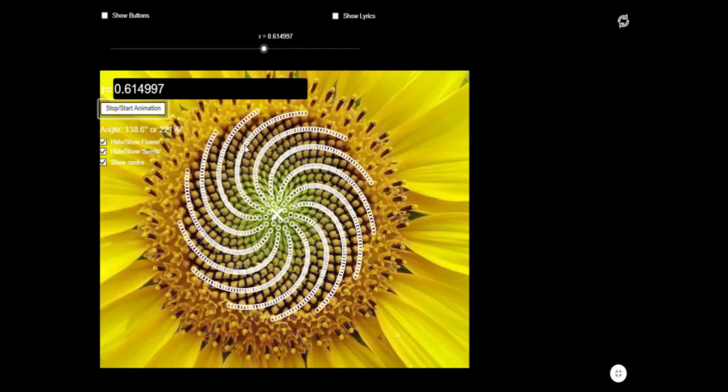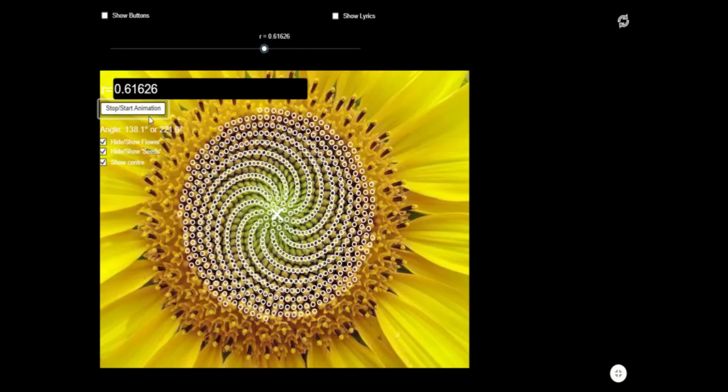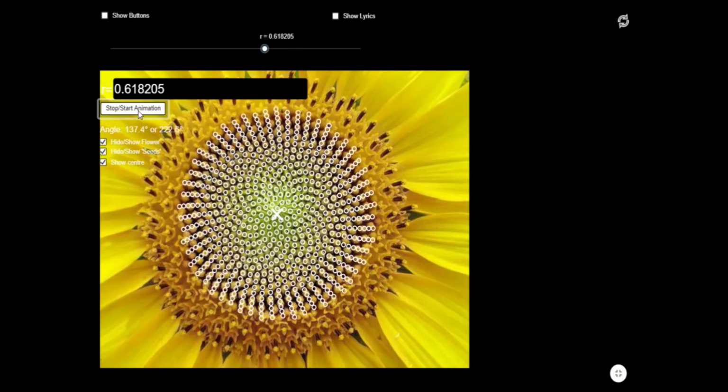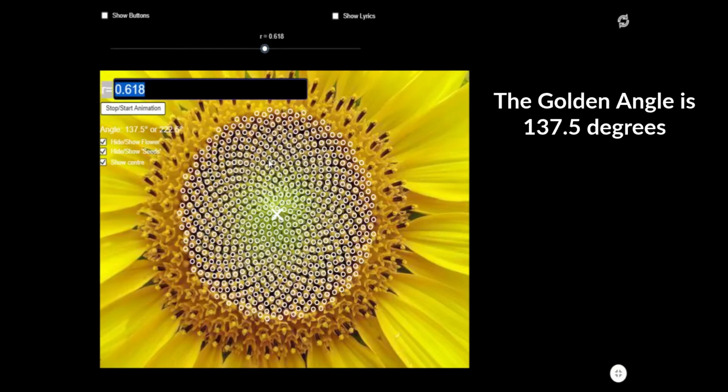So we take away that 1 and go with 0.618 to get that extra turn. And we can see there that the actual angle that is necessary, the golden angle, is 137.5 degrees. And there you see it gives us an almost perfect match for the spread of the sunflower seeds.